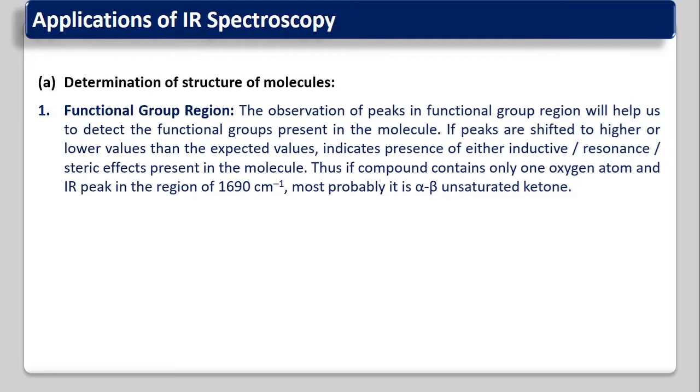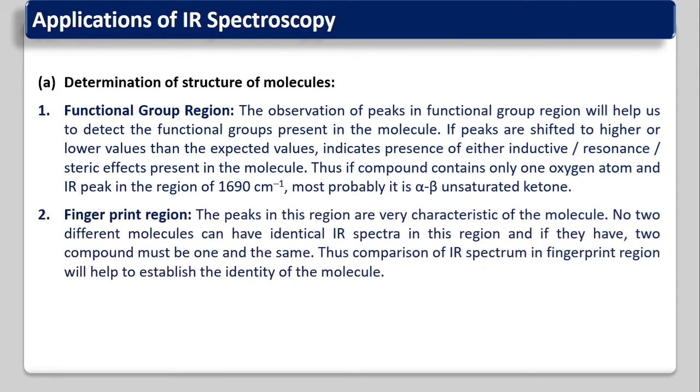So in this way, from the functional group region, we can identify the functional groups. If these peaks are shifted somewhat from the lower to the higher side, then we conclude that our compound must contain groups with either inductive effect, resonance effect or steric effect. So in this way, the functional group region gives us the idea of the functional groups present in the molecule.